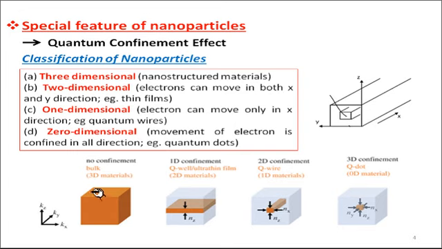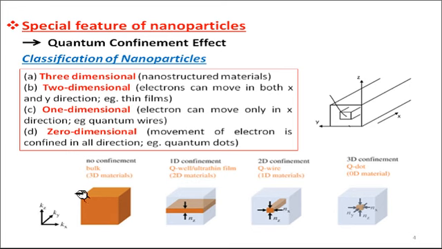Now, one fundamental difference between 3D nanoparticles and zero dimensional nanoparticles is that in zero dimensional nanoparticles we have electronic restriction along any side. But in three dimensional nanoparticles, the electron can move anywhere along any direction.